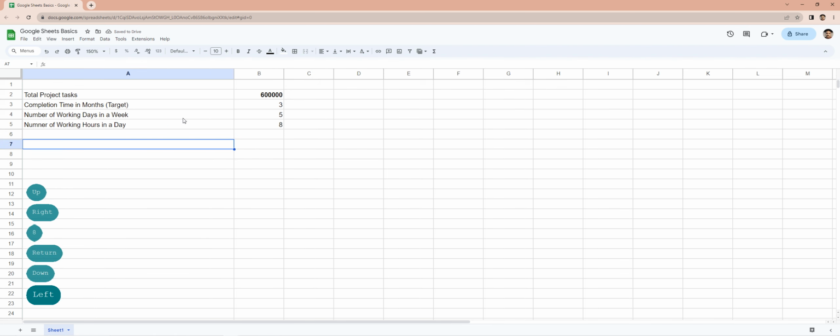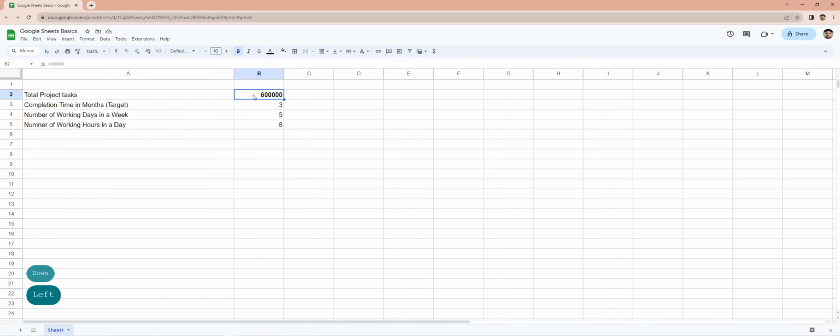Now we need to calculate the total headcount required to complete this task. For that, first we need to calculate the total number of available hours which we have as per the deadline given.